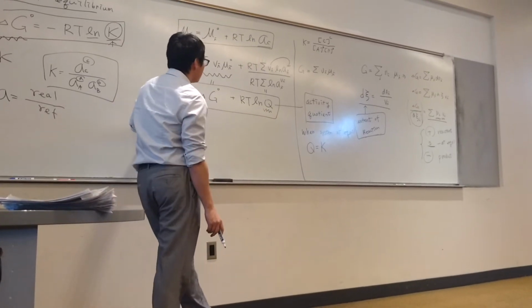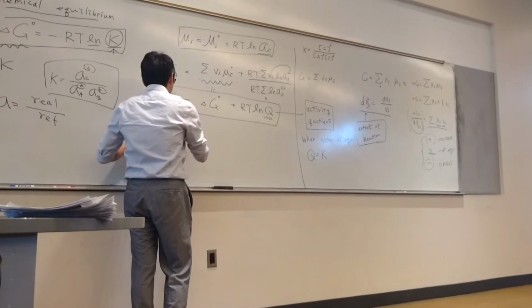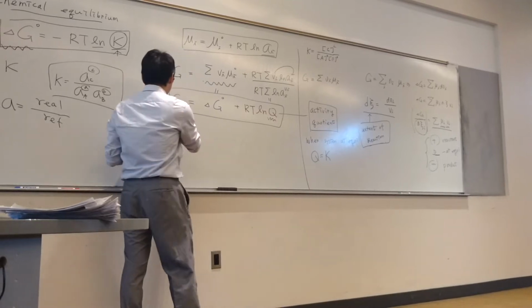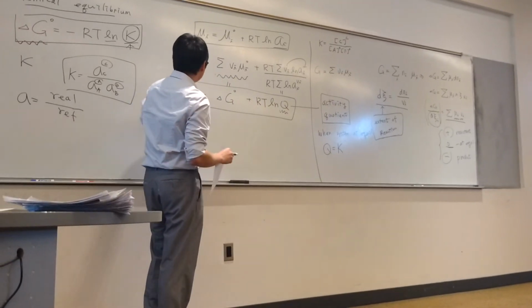Also you will know, once you reach equilibrium, your delta G is going to equal 0, right? So this is 0.